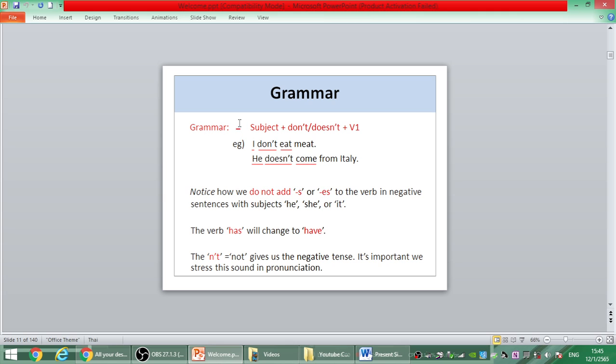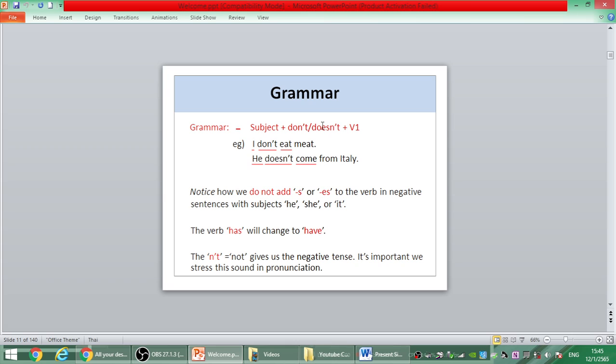Okay, so the grammar structure for a negative sentence in the present simple is subject, don't or doesn't, depending on your subject, plus verb 1. Example, I don't eat meat.